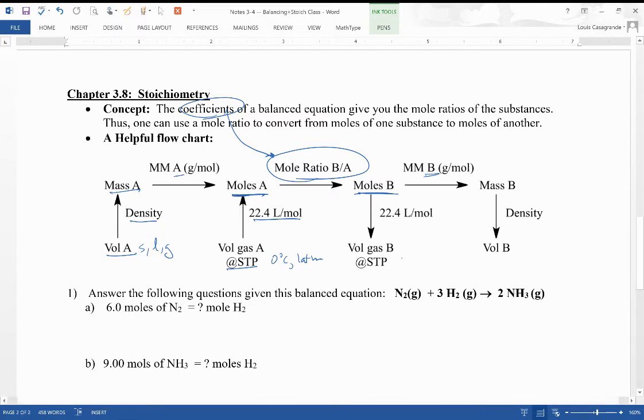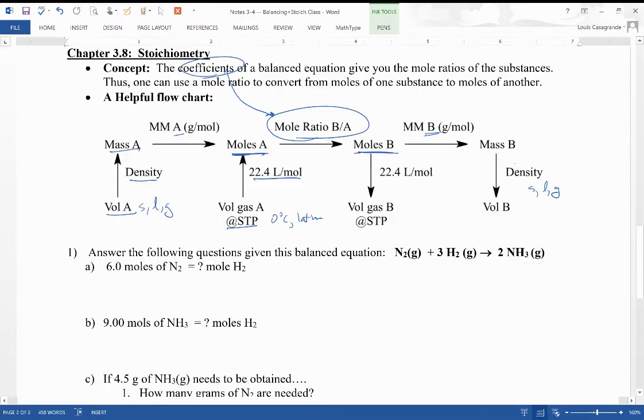At the end of your stoichiometry, you can convert away from moles. Again, you can get mass, you can get the volume of the gas at STP, or you can use the density again of a solid, liquid, or a gas to get the volume of B. And make sure you note the units too, whether it's grams per liter, grams per milliliter, or some other unit.